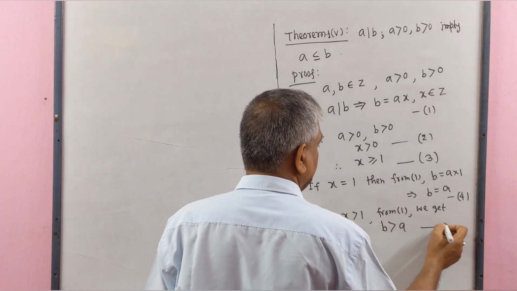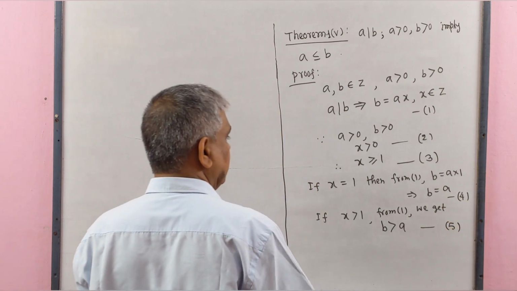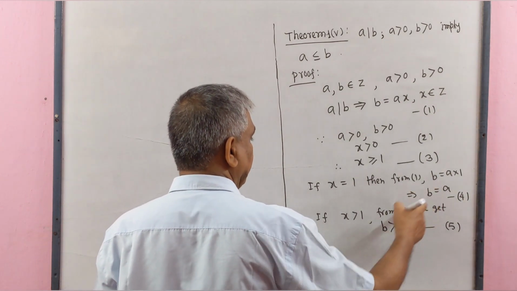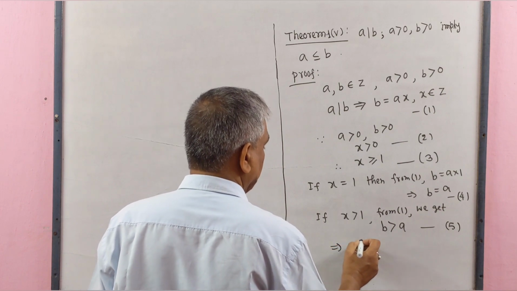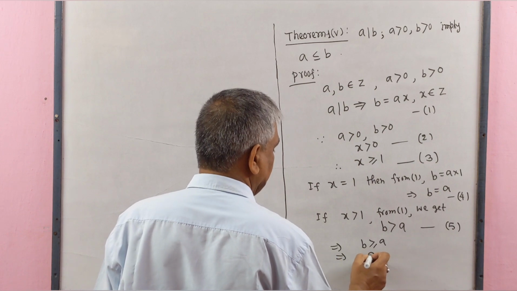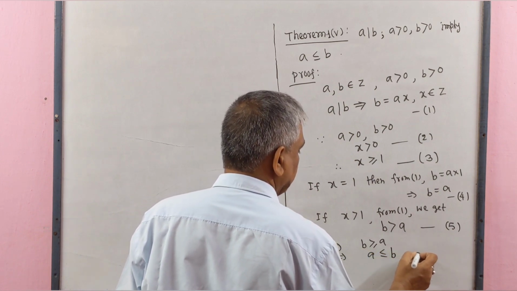This is number 5. Therefore, from 4 and 5, we get that B greater than or equal to A, which implies that A less than or equal to B. Proved.